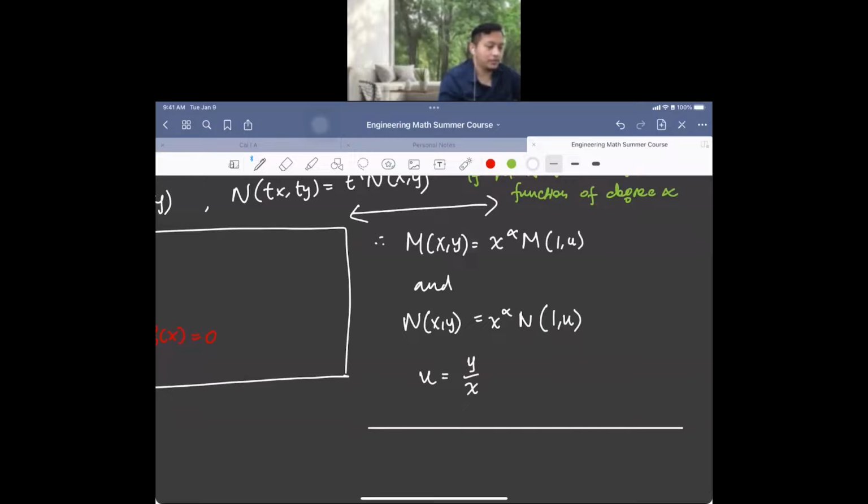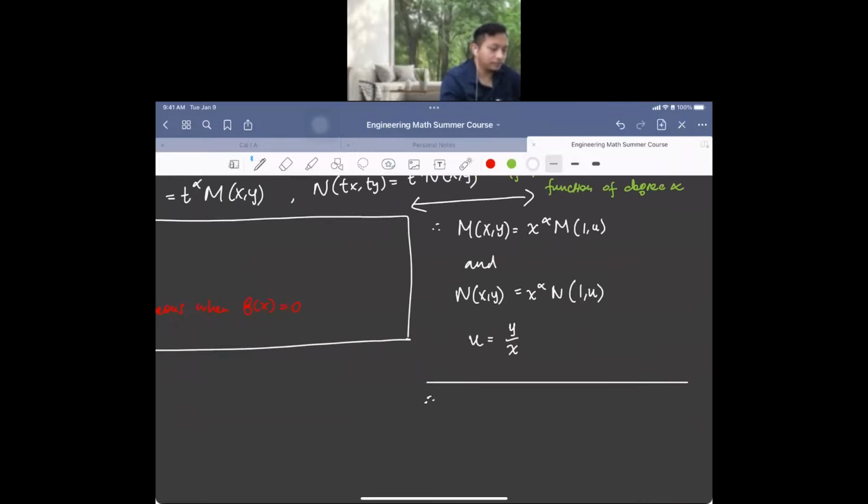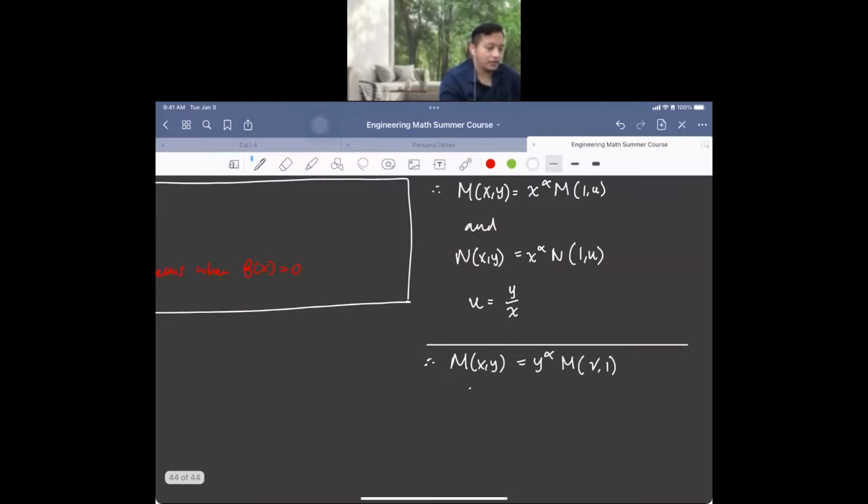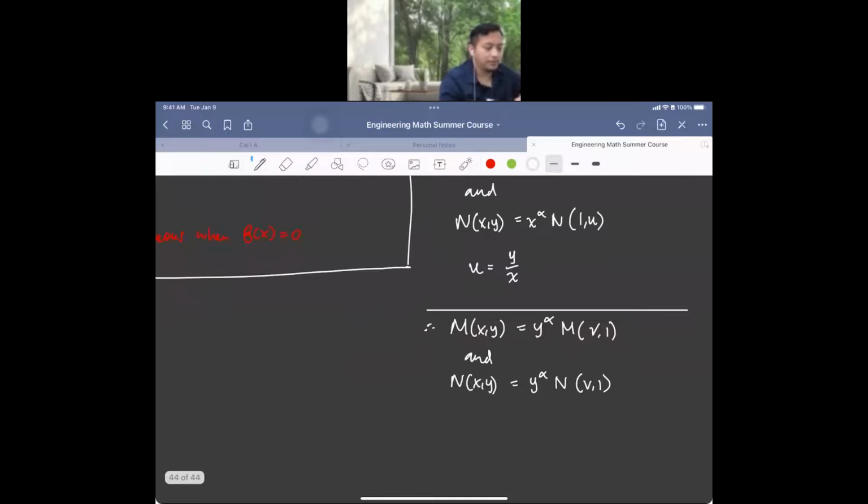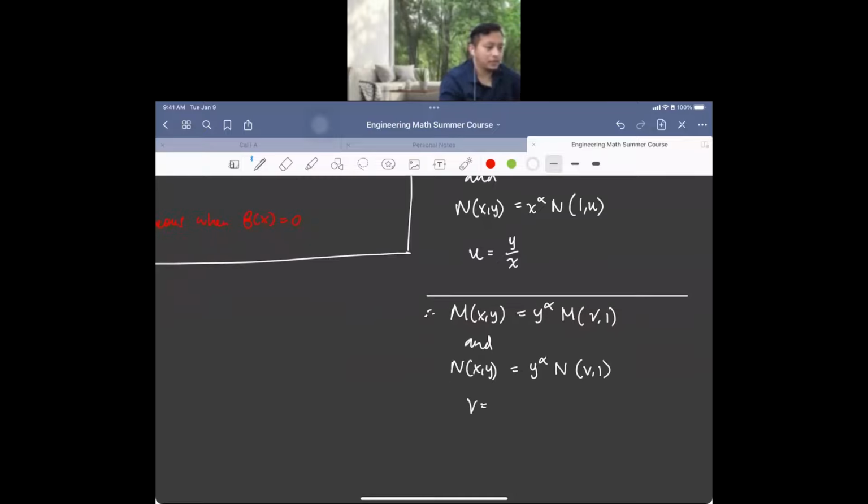Okay, that's the first one. The second one is we also may have the degree in terms of variable y. So this is M as a function of v, v1, and for N the same, y to the alpha and v1, and v is x over y.